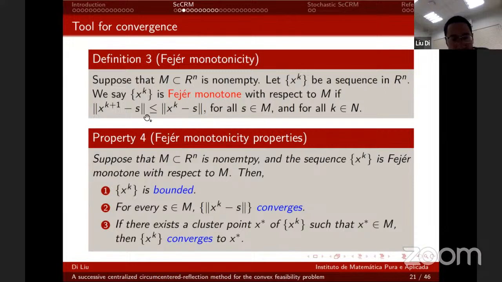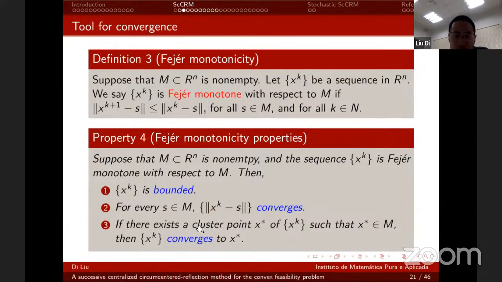Fejér monotone means the sequence will get closer and closer to any point S in the set M. If we can prove a sequence is Fejér monotone with respect to some set M, then first we can get that it is bounded. Second, we can get that the distance sequence converges. And the third is what I said, the corresponding theory.